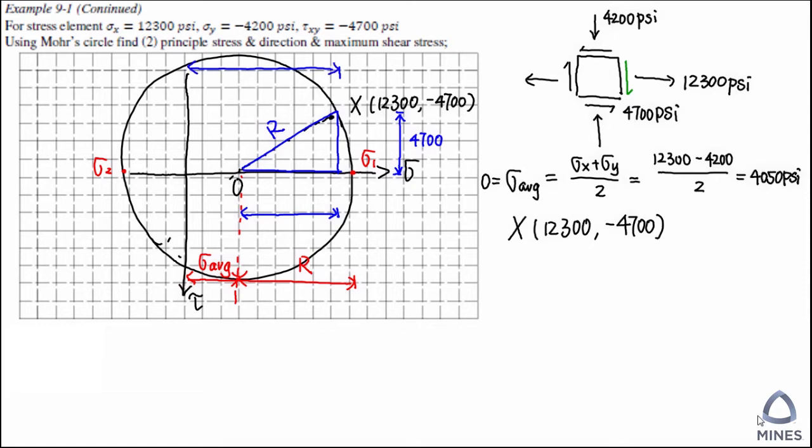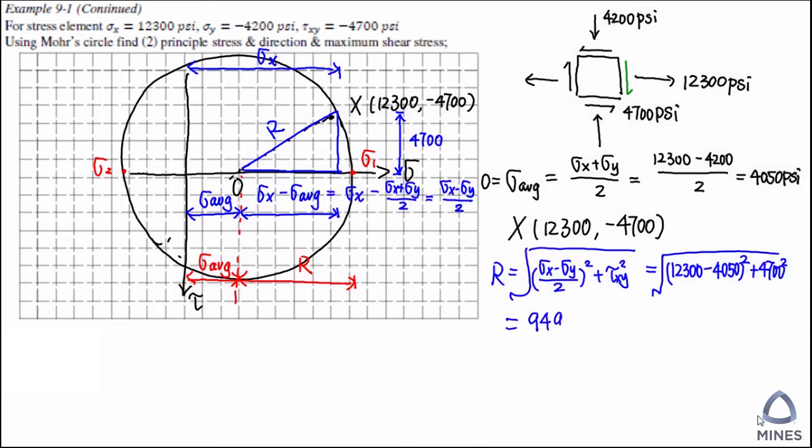See, when we try to locate the x location, this is the horizontal distance we need to go, right? So we can see if we use sigma x minus the center of the Mohr circle, we will get the base of this triangle.